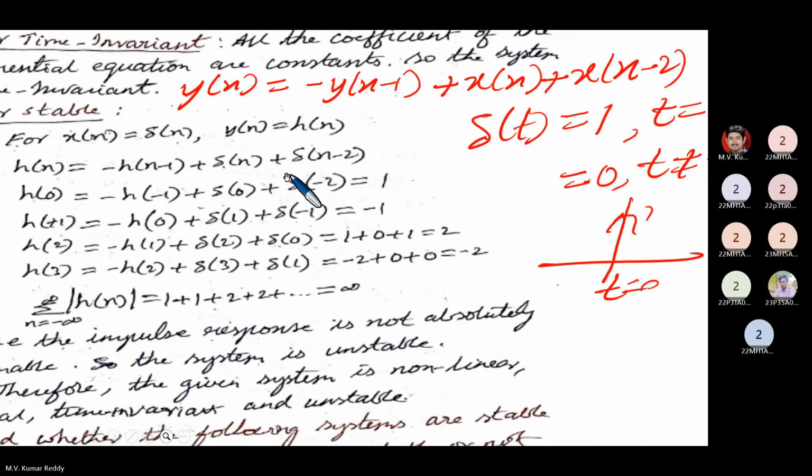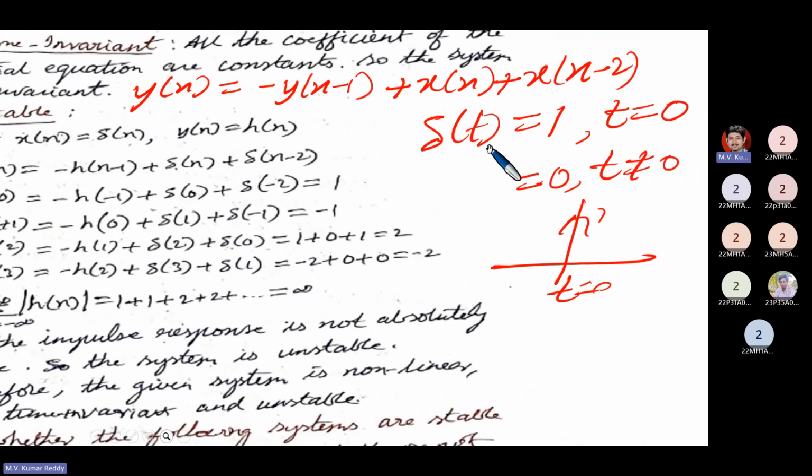Now, already we know this is the impulse function. For the impulse function, delta of t is equal to 1 at t equal to 0. So delta of 0 is equal to 1.